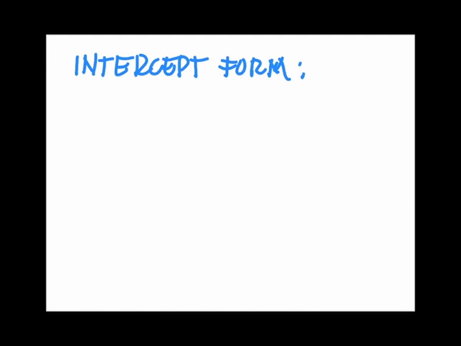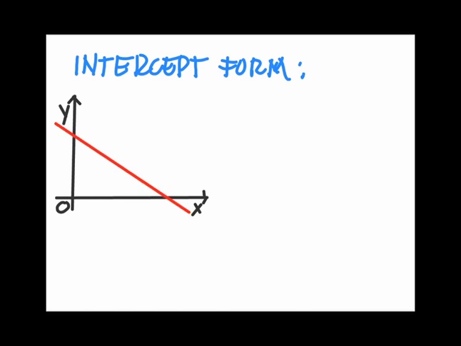So let's have this as, again, the y-axis, this the x-axis. Okay. Now, of course, this is the point of origin. Let's draw a line, okay, crossing the y-axis and the x-axis, sloping downward, right?